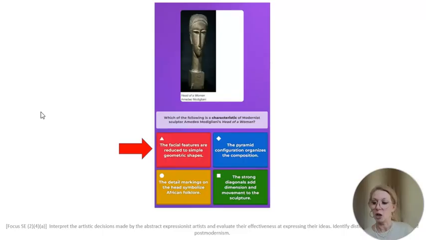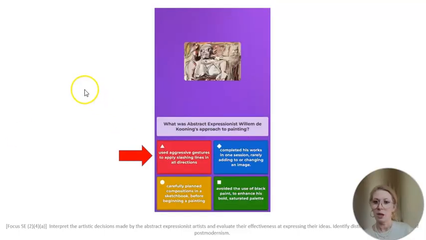Which of the following is a characteristic of modernist sculpture? Modigliani, I think I said that right, Head of a Woman. The facial features are reduced to simple geometric shapes. Two more. What was Expressionist de Kooning's approach to painting? He used aggressive gestures to apply slashing lines in all directions.